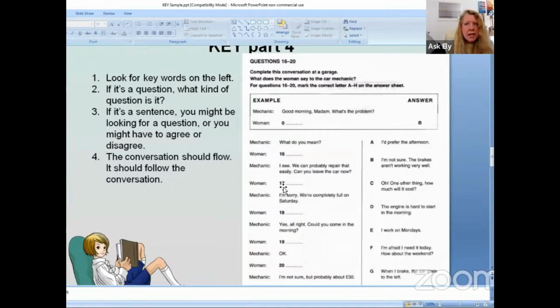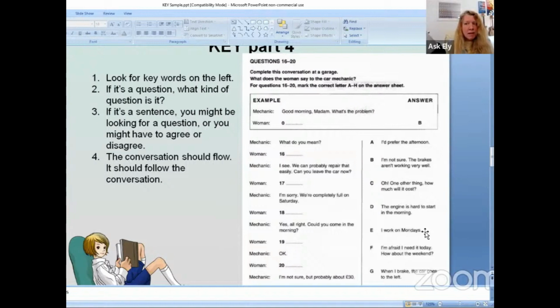Okay, so now you're looking for something where they might say something about Saturday. I don't see anything about Saturday here. Nothing about Saturday here.